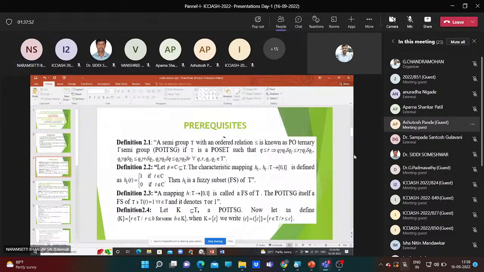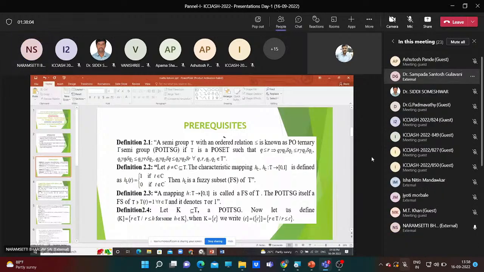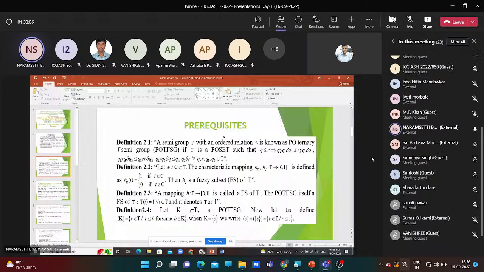Prerequisites. First of all, I would like to start with the basic definition of fuzzy sets. A semigroup T with an order relation less than or equal to is known as a partial order ternary gamma semigroup if T is a poset, meaning partially ordered set, such that Q less than or equal to R implies Q gamma Q1 delta Q2 less than or equal to R gamma Q1 delta Q2.